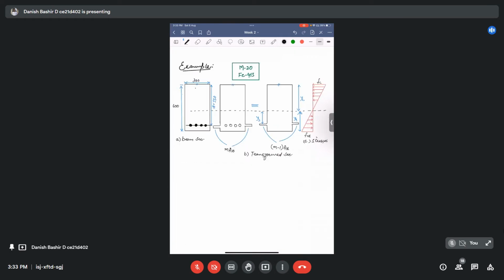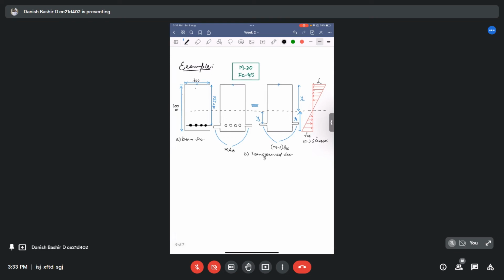This is our exemplar problem that we will be solving in today's class. We are given a rectangular cross section of a beam which has a total depth of 600 mm and a width of 300 mm. It has four bars on the tension side as tensile reinforcement of diameter 25.